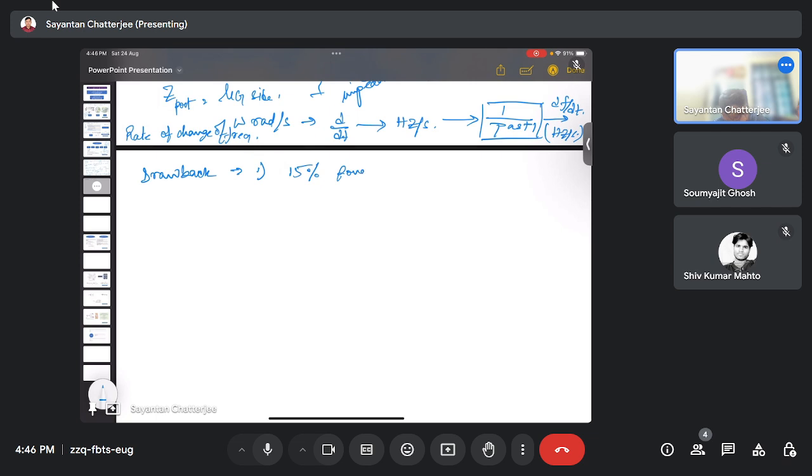A 15% power mismatch is required, and also the loads and generators dictate the operation. These are the issues.